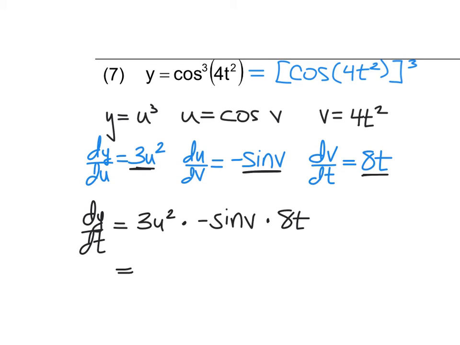That would be my derivative, just not in the best form, because it needs to be all in terms of t. So I have to do some reverse substituting here. So 3u squared, well, u is cosine of v.